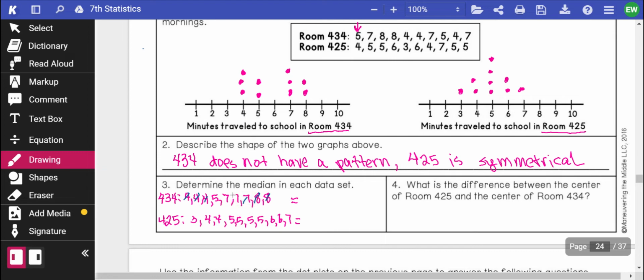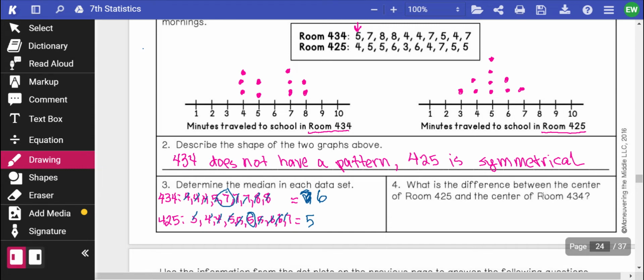Remember, the median is the very middle number, so that is 7 for 434. And it is 5 for 425. Actually, it's 6. I missed a number there. I only wrote 5 twice, so this is actually 6.